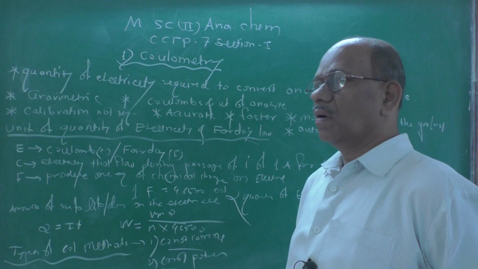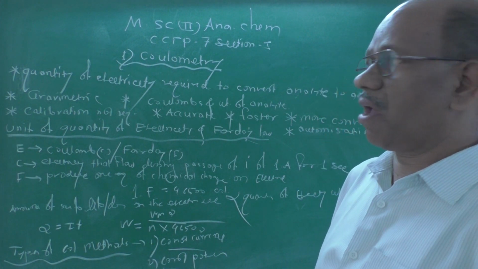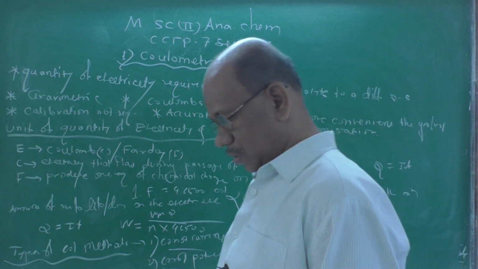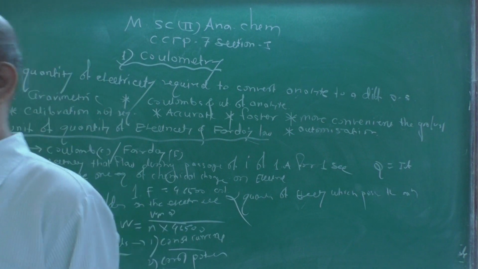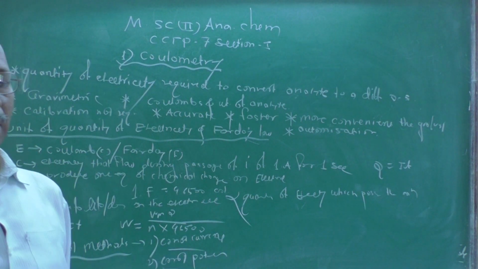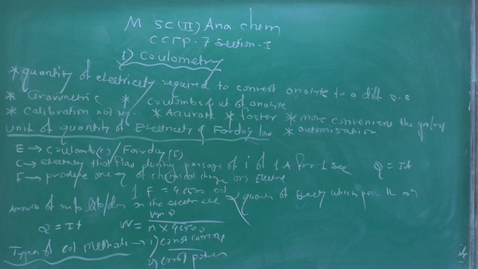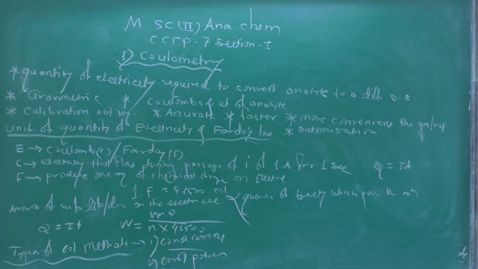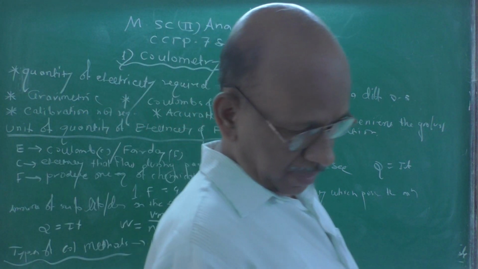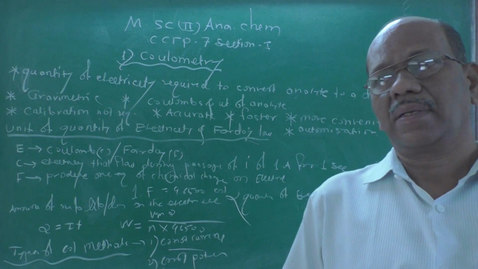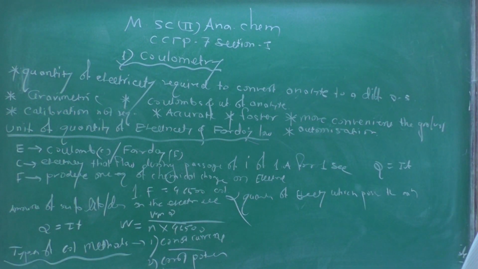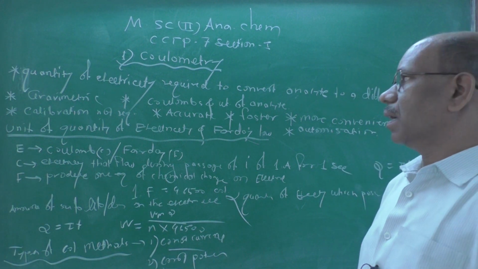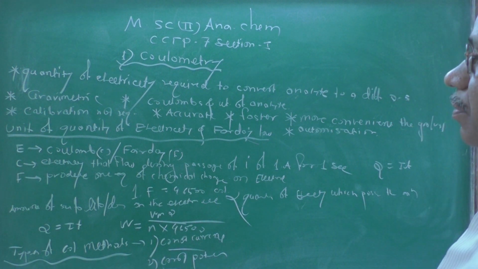Actually, it is more superior as compared to gravimetric analysis. Here, the quantity of electricity required to convert the analyte into another oxidation state, and the weight of the analyte, are measured. Gravimetry requires calibration, but coulometry does not.